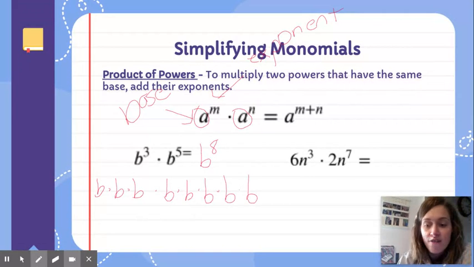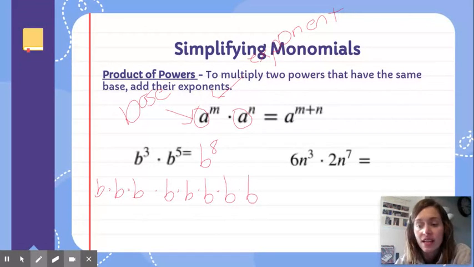The exponent 5 tells me to multiply b 5 times. So now I have 3 b's and 5 b's for a total of 8 b's. And so when we simplify this, instead of multiplying b 3 times and then 5 times, it's the same as saying we're just going to multiply b 8 times, getting b to the eighth.